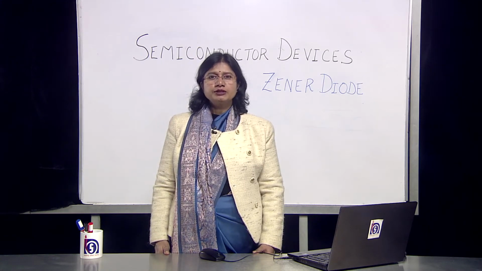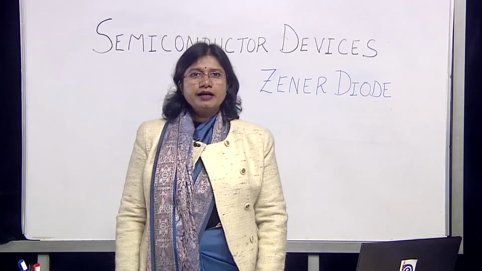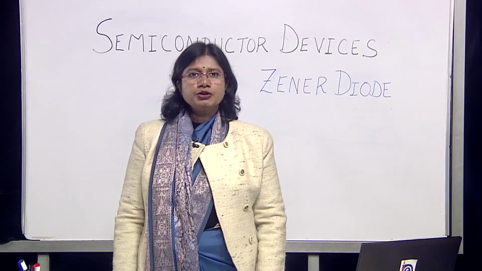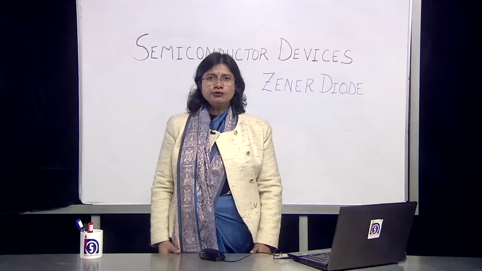Today we are going to discuss Zener diodes as voltage regulators. In this topic, you will be able to understand the working of a Zener diode, explain the Zener diode as a voltage regulator, and list the applications of the Zener diode.